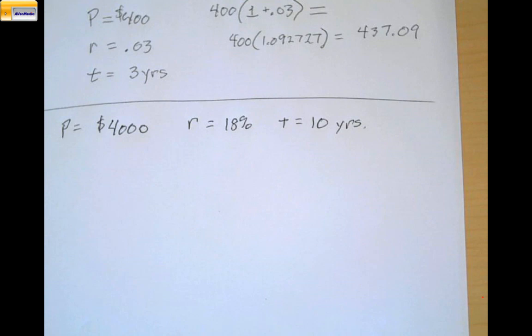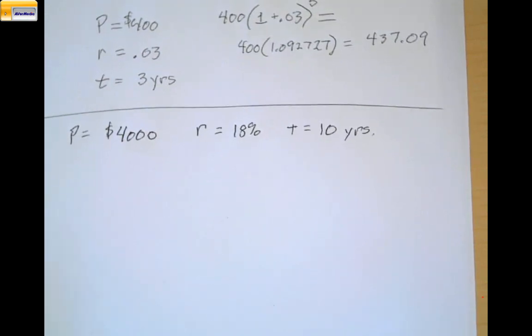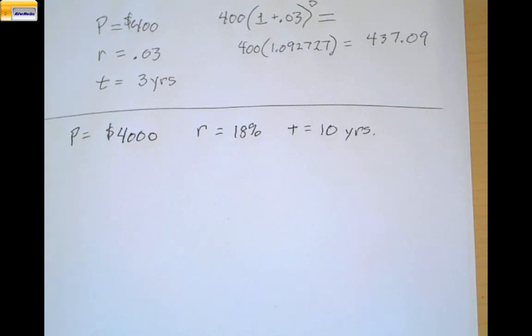Now, this is assuming that you don't pay anything over this time, so we're not reducing the principal each year or anything. This is saying, okay, here's how much at the end of the 10 years you will owe.